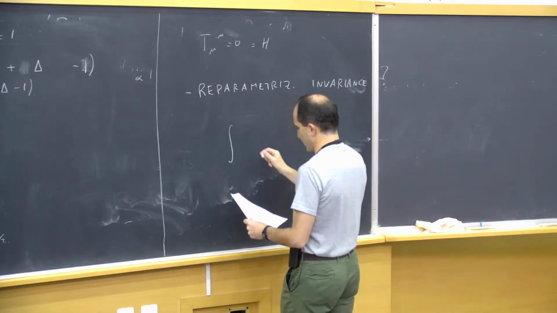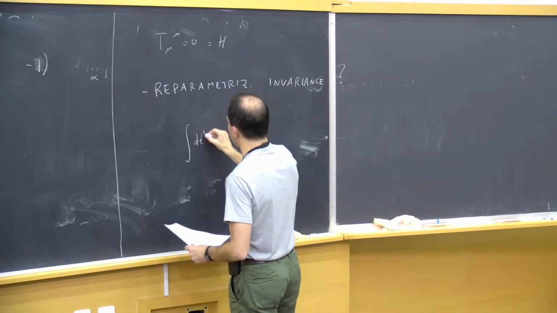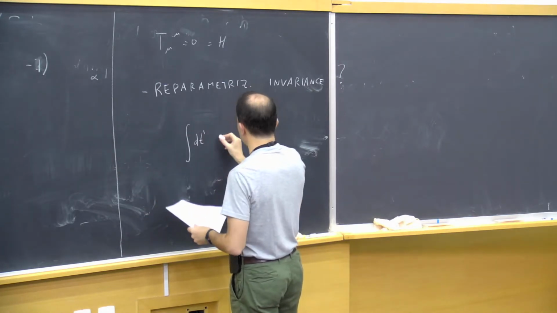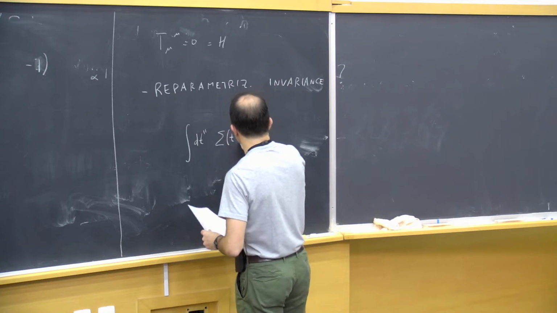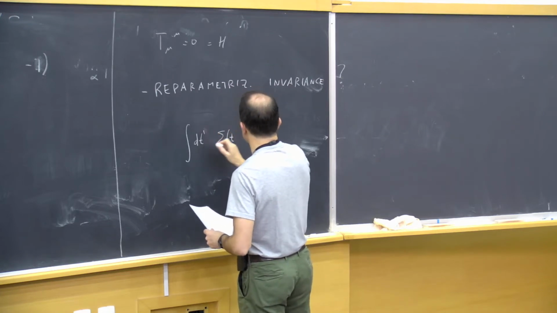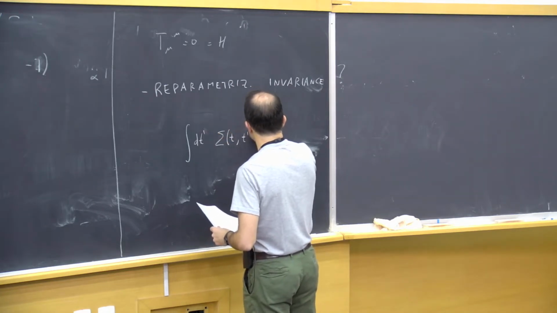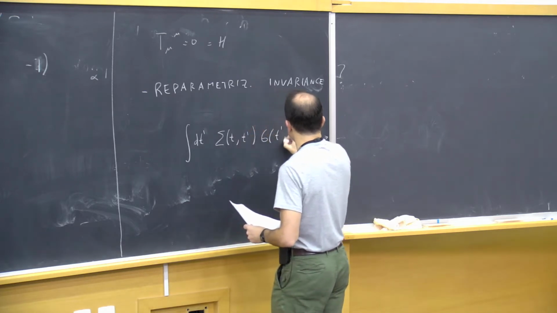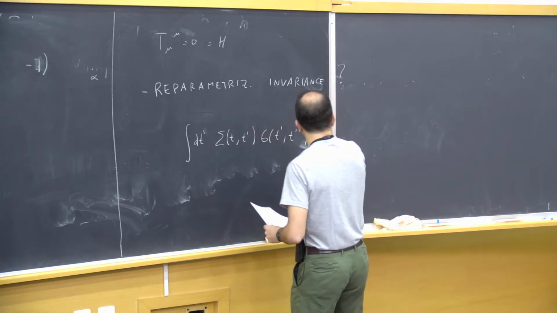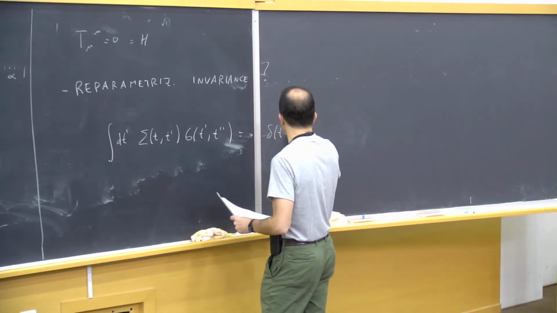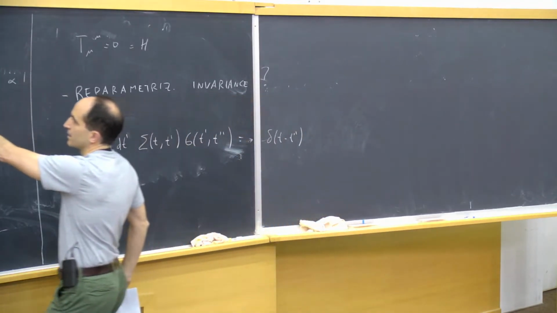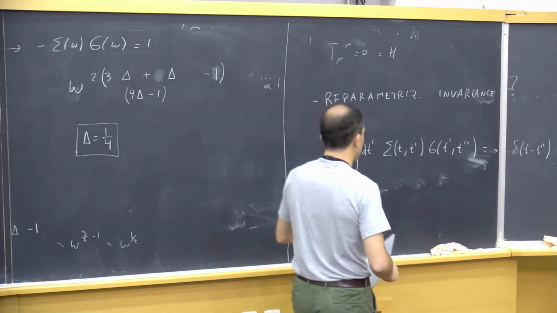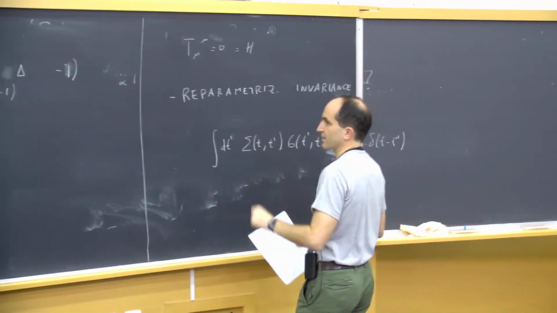Fundamentally these variables were functions of two variables. So, integral over t prime, sigma of t, t prime, g of t prime, t double prime, equal to delta of t minus t double prime. That's the equivalent equation here, right? So in Fourier space, it becomes that equation.